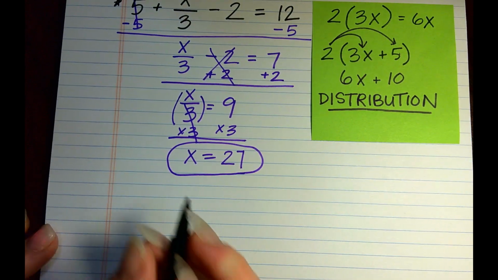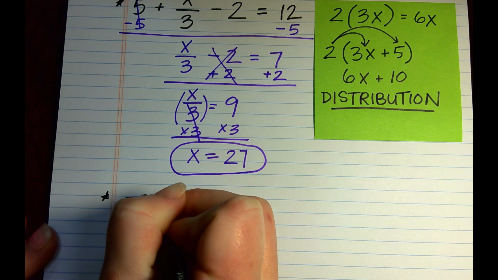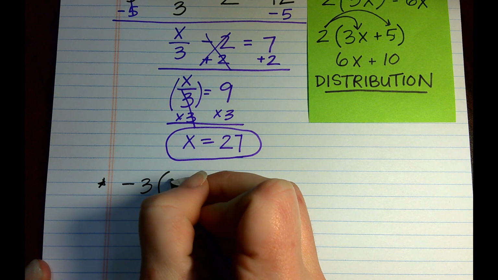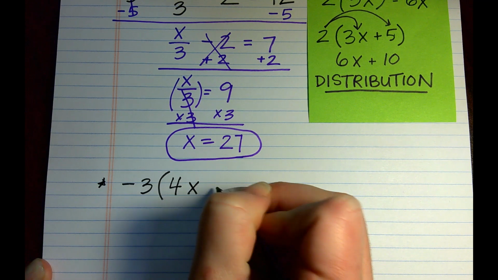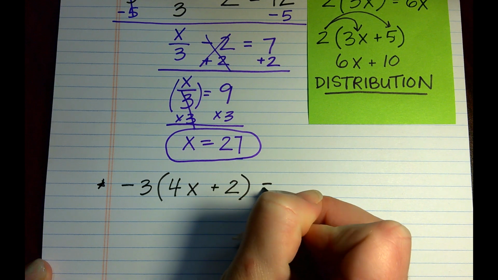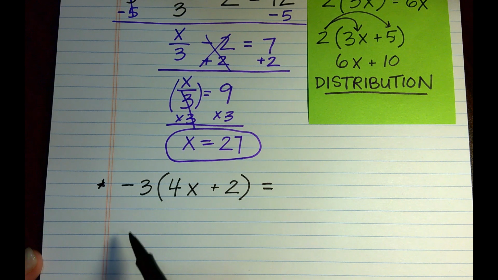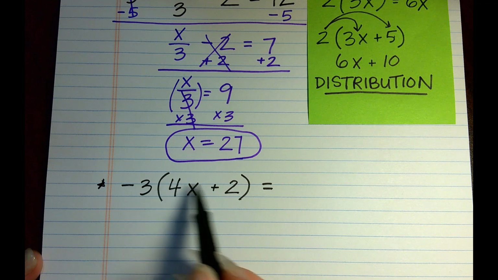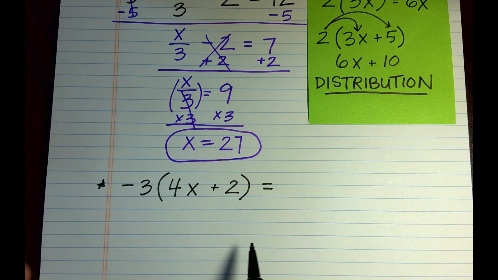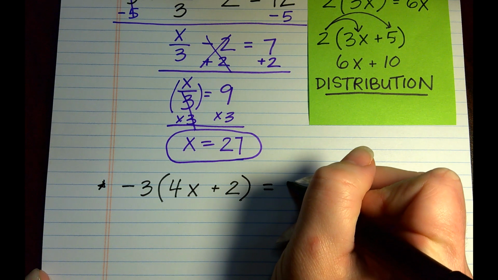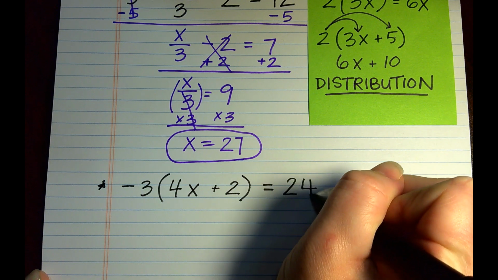So what if I gave you -3(4x + 2) equals, let's see, make sure I give you a number that works. Let's go with, I hope this works, 24.